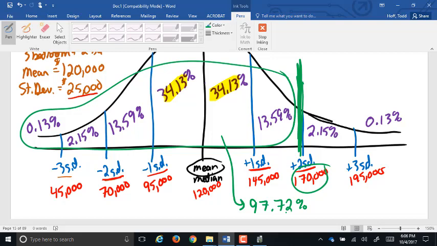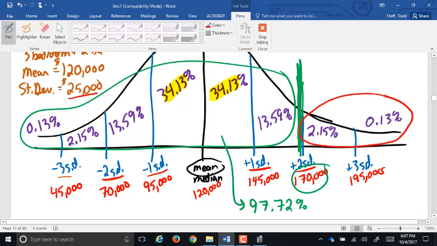Which means one of two things. Either this seller is probably going to be willing to take less than $170,000, or you'll probably be able to find a different house that you still like that's cheaper than $170,000. The other way you could look at it is the other side. If I add these percents together, that's 2.28%. That's telling you that only 2.28% of all houses that have sold in that area were more expensive than that.